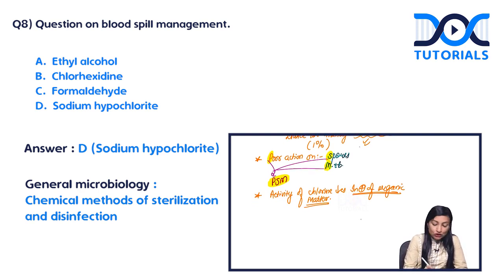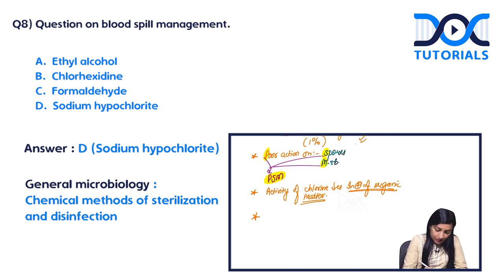Then next what you need to remember about these compounds is that sodium hypochlorite, which is used most commonly, is unstable, it disintegrates easily, therefore a fresh solution is to be made daily.